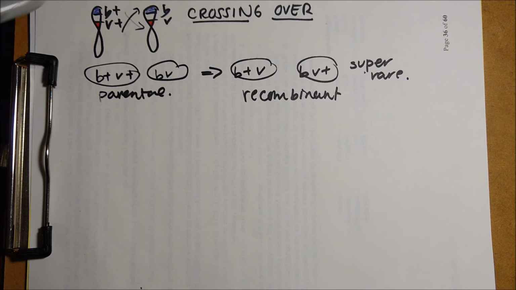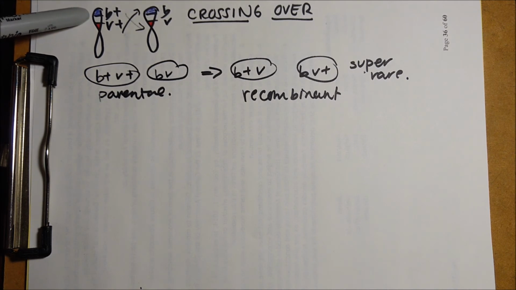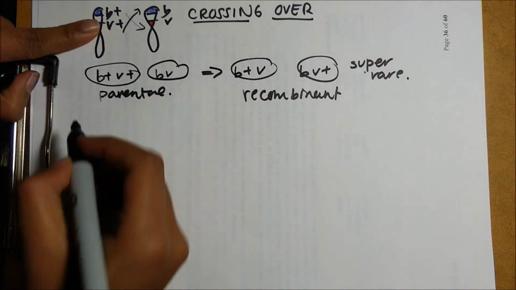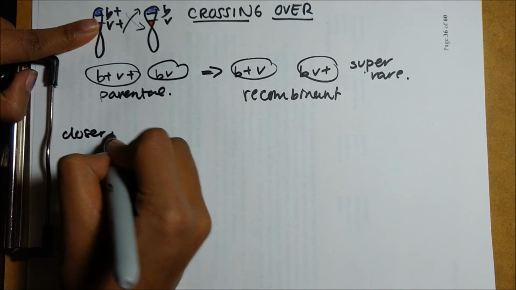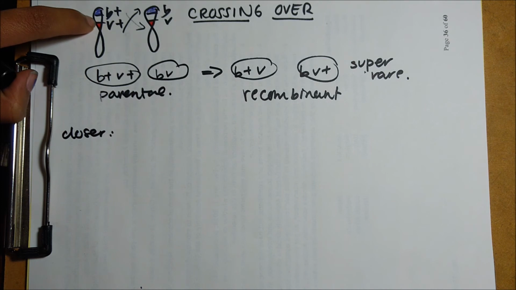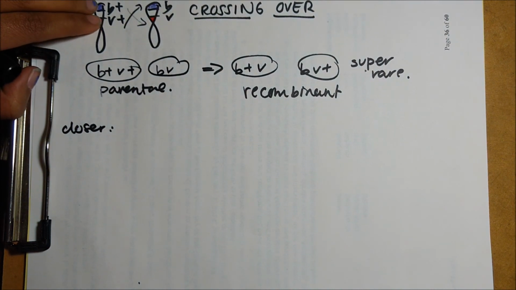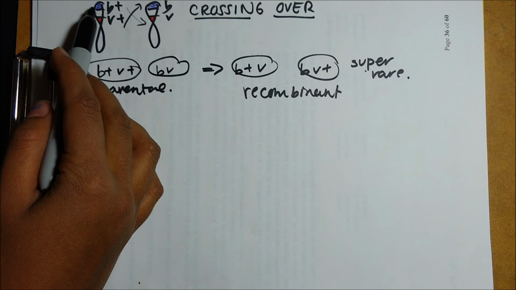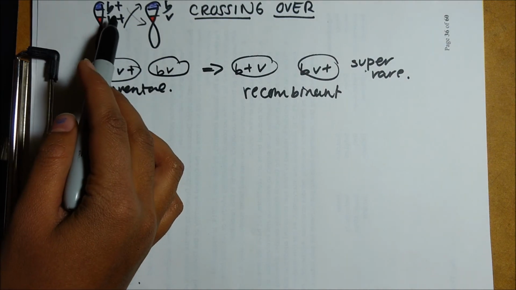Now we know that linked genes are close together on a chromosome, but how close are they? The closer they are, if we look here, the white space, the closer these two are together, the smaller the white space. The smaller the white space, the less space there is for it to cut during crossing over.